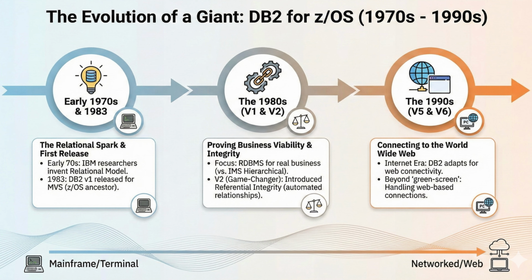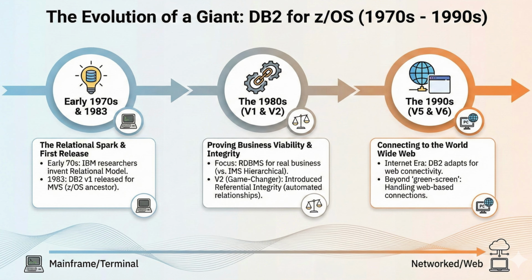Before this, everyone used hierarchical databases like IMS. DB2 version 2 was a game changer because it introduced referential integrity, the ability for the database to enforce relationships between tables automatically.